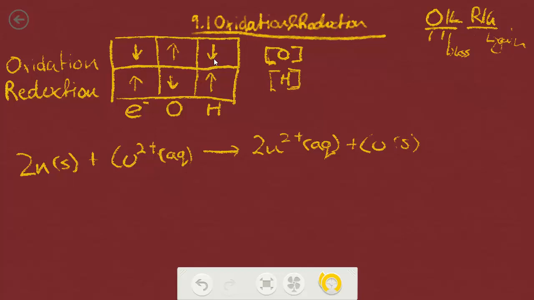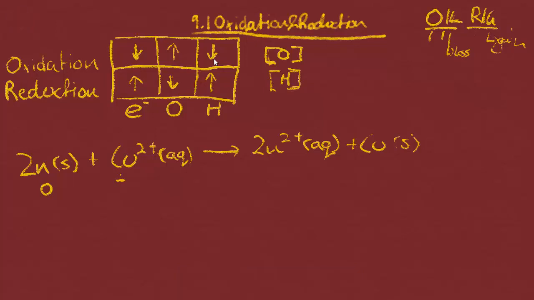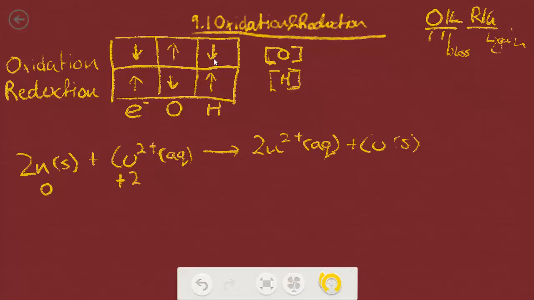So in this case, because zinc is the sole element, it has an oxidation number of 0. Here, copper is also the sole element. However, it is stated explicitly that there is a charge of +2, therefore the charge is +2. Here is the same as copper in the reactant side.